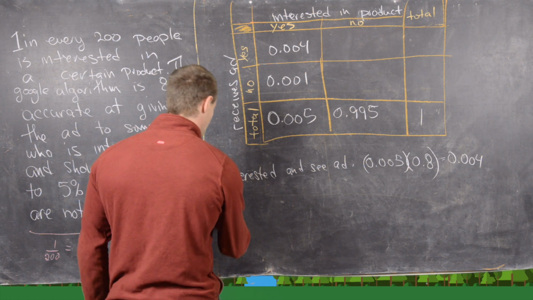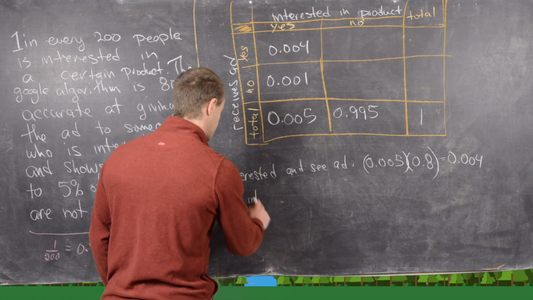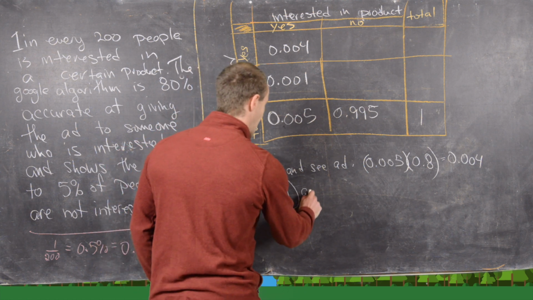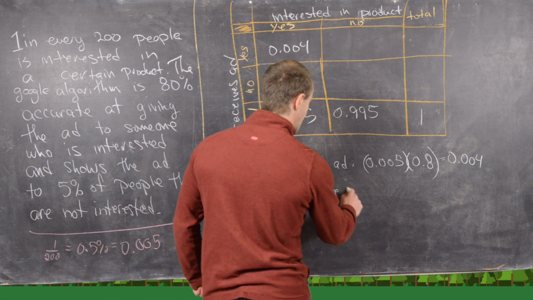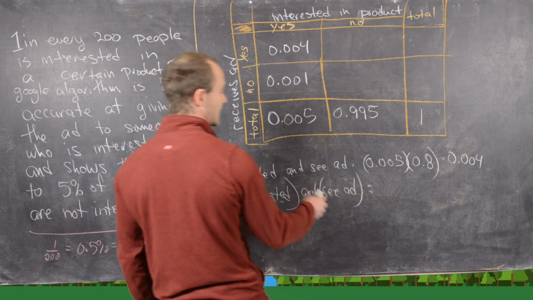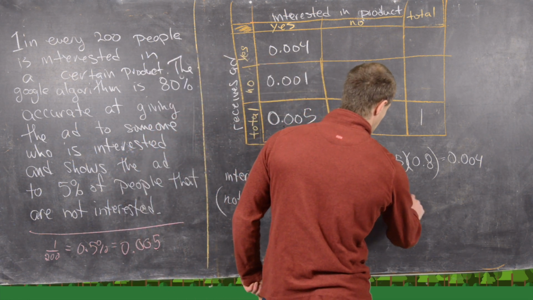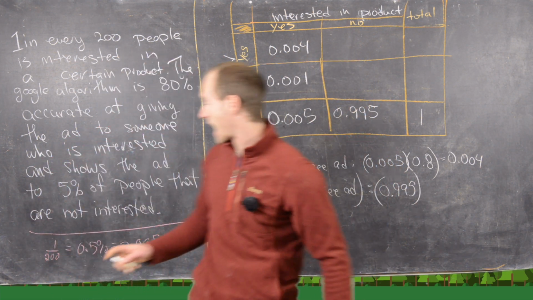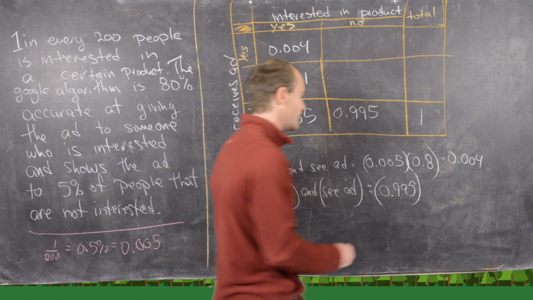So let's see, not interested and see the ad. So we know that the proportion of people not interested is 0.995. Again, that was kind of given. And then they see the ad at a rate of 5%.